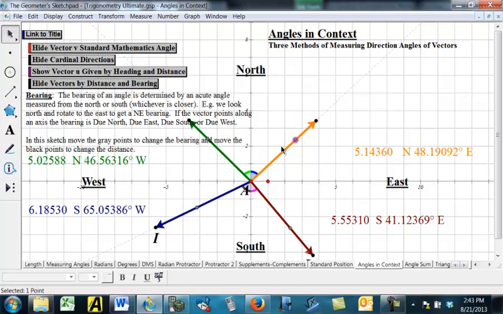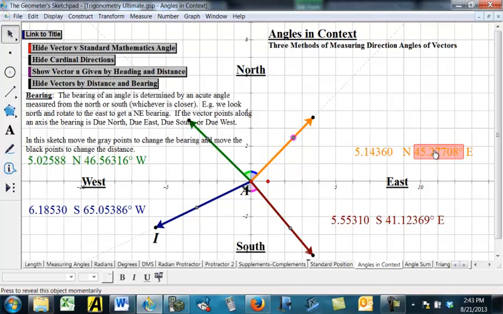Notice we don't say east-north, we say northeast. That's how you measure it. You start facing north and you rotate east or west. In this case we're rotating to the east, and this blue angle is what we're measuring. Notice that angle will always be an acute angle, measured from the vertical. This one's about 45 degrees.